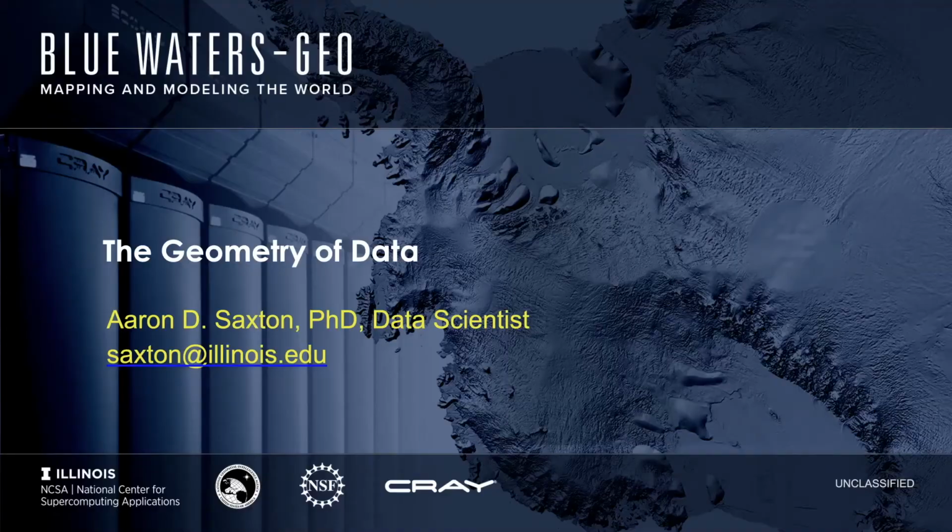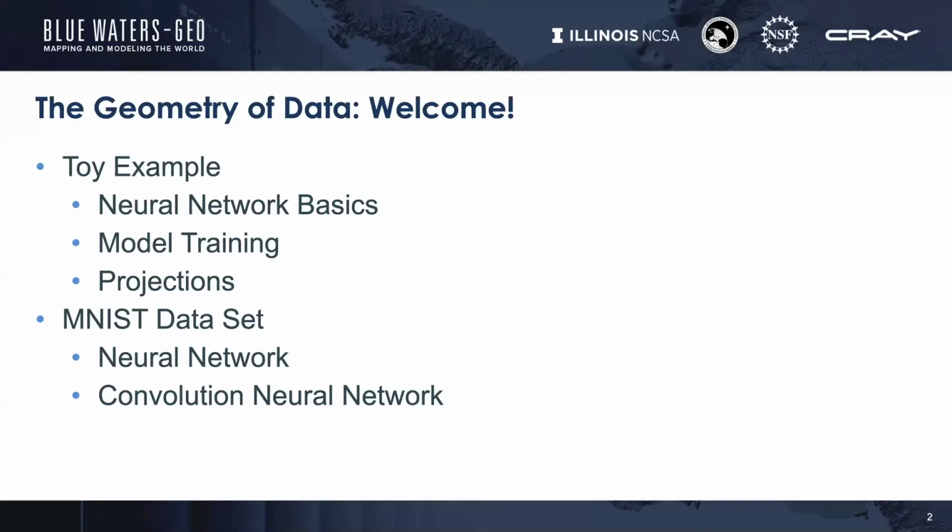Great, thanks, Brendan. Hi, so welcome. As I was introduced, my talk is about the geometry of data. So let me go over a little outline real quick. I'll be introducing a little toy example and explaining some neural network basics and how we actually go about training models.